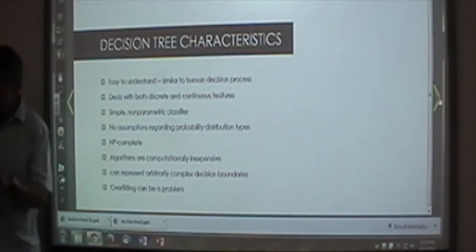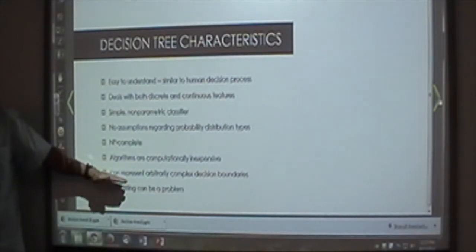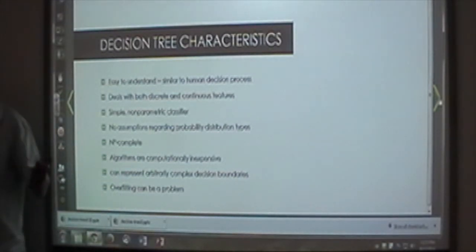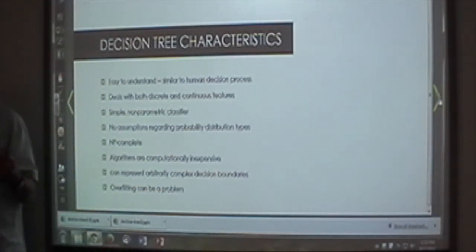The decision boundaries are basically where those trees break the information up into different pieces. Those can become very complex very quickly, and they're represented through the decision trees. And as usual, the bottom bullet point here: overfitting can be a problem, which leads us to the next topic I really want to discuss today, which is model overfitting.